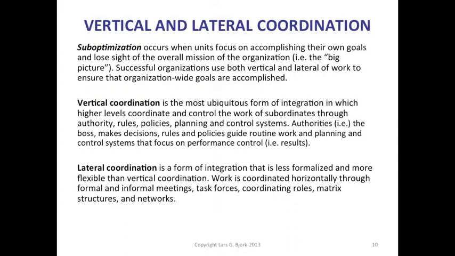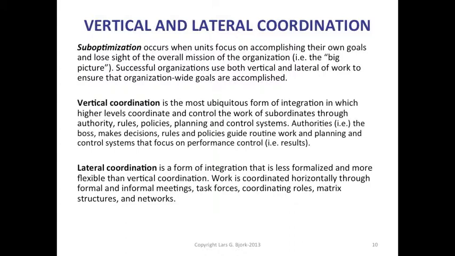Vertical coordination is the most ubiquitous form of integration, in which higher levels coordinate and control the work of subordinates through authority, rules, policy, planning, and control systems. Authorities make decisions, rules and policies guide routine work, and long-term planning and control systems focus on performance control.